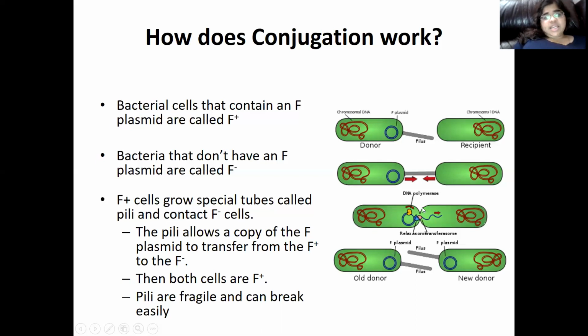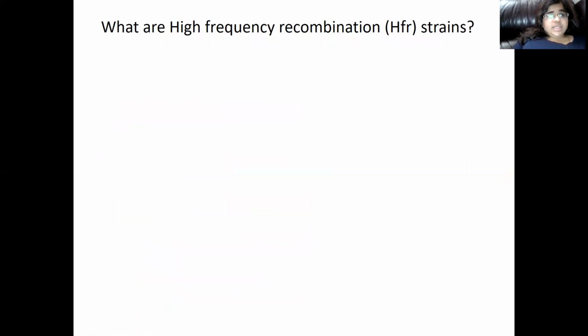So that F plasmid ends up getting transferred in, and now they both become F positive ones or donor cells. Hope this makes sense so far.